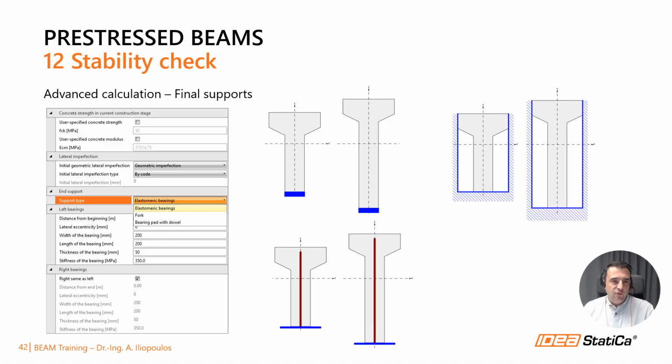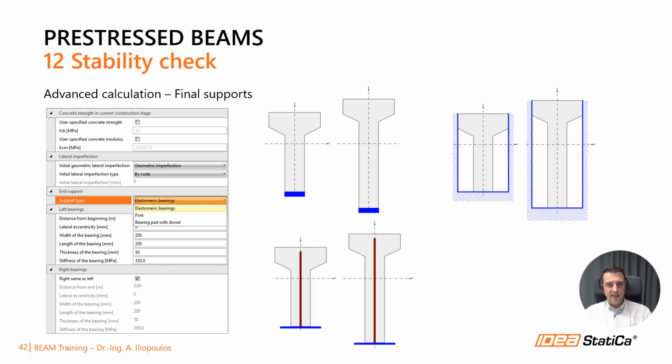With the fork and the bearing pad with dowel supports, in terms of the model, these two types are identical. Support is placed on the bottom surface of the end of the beam, which is rotationally rigid around the x-axis. However, it is possible to specify user-defined rotational stiffness if the user wishes to define it that way.